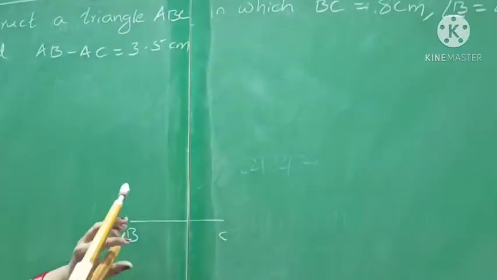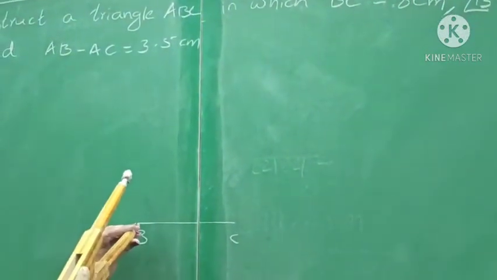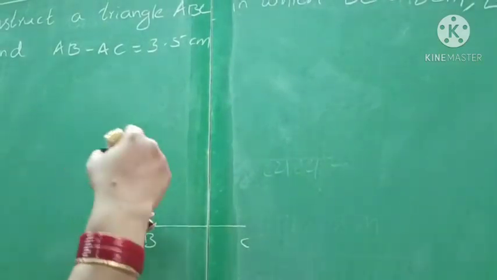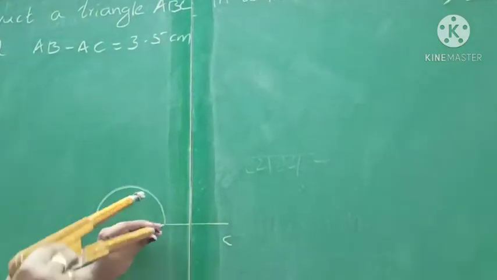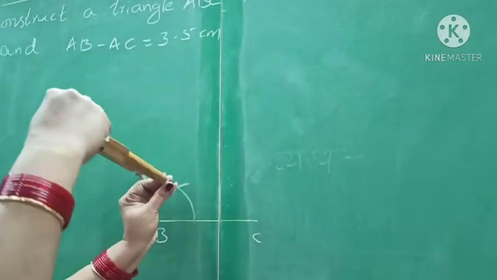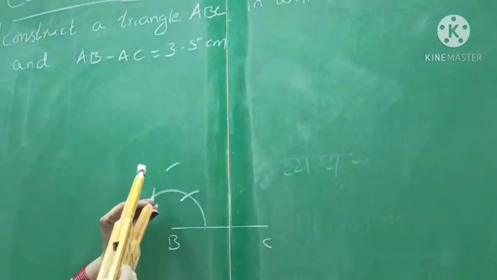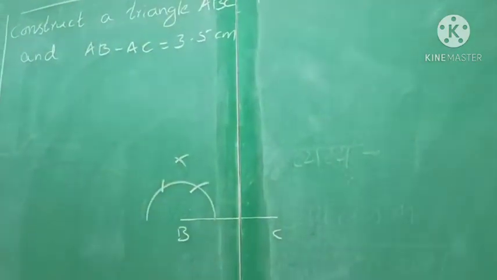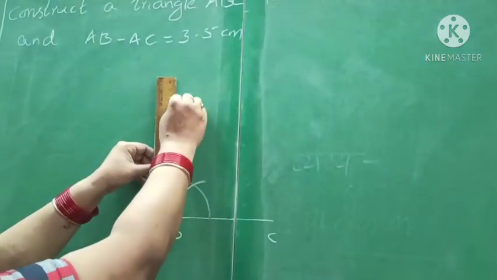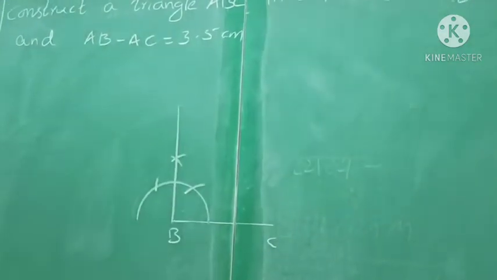That means you have to draw 90 degrees. This is 90. And the bisector of 90 gives 45.